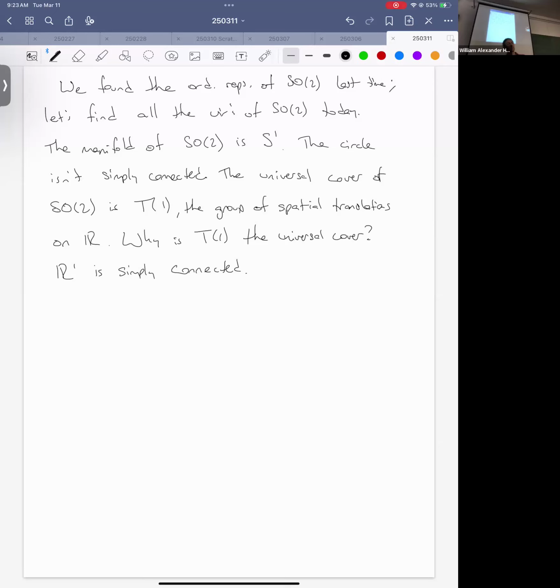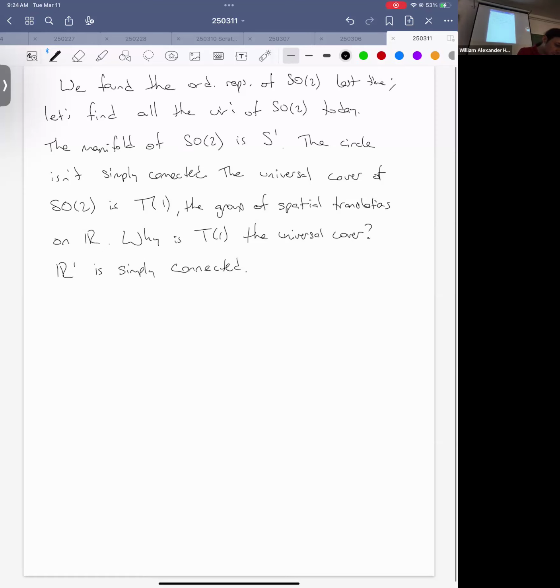And so because the circle is not simply connected, we should expect that there are projective representations, what, say, Weinberg would call, or I think many people would call, intrinsic projective representations. Okay, good. All right, so we go to the universal cover, which is translations. R1 is simply connected.